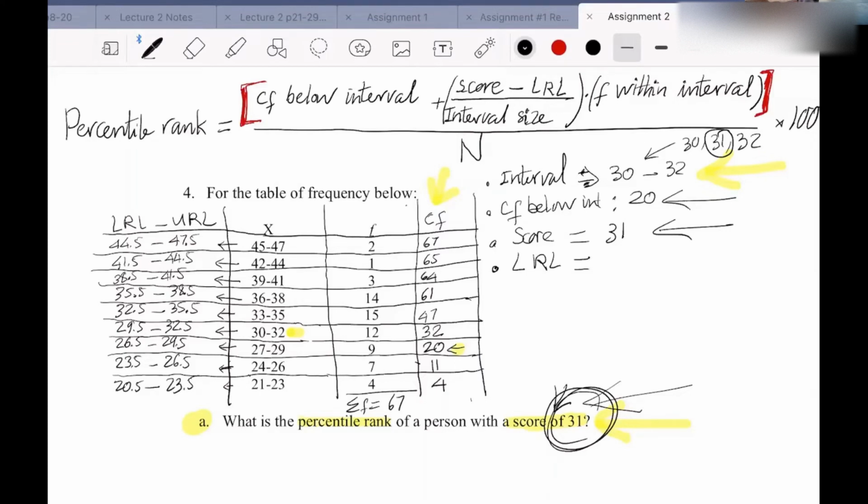All right, good, everyone. So if you look at the lower and the upper limits of the interval 30 to 32, which is right here, the lower real limit would be 29.5, okay? Let me erase so that it will not look confusing.